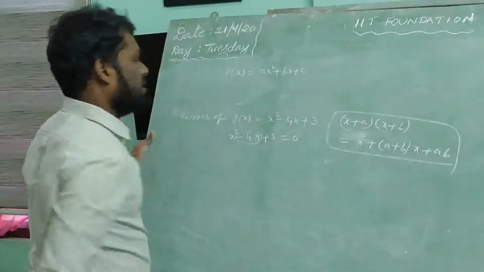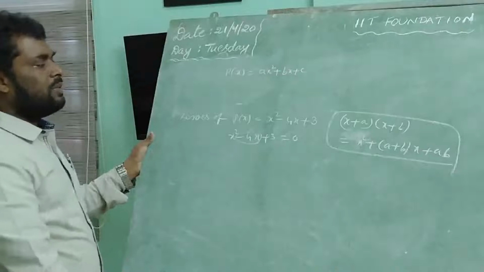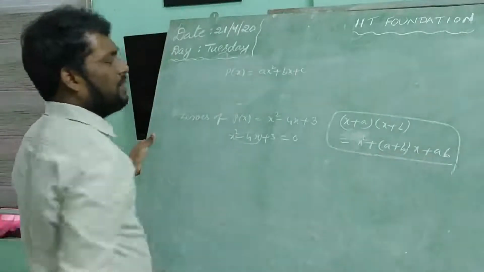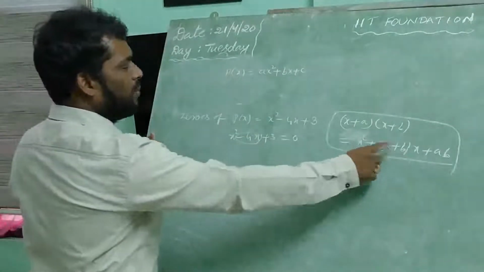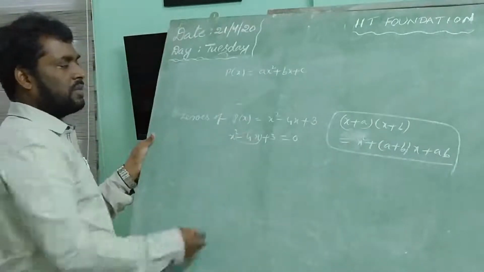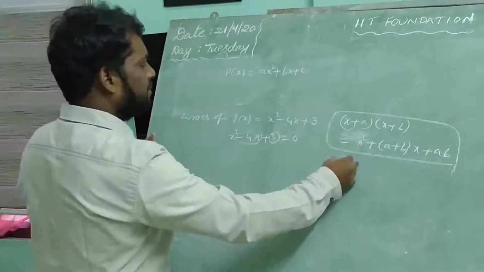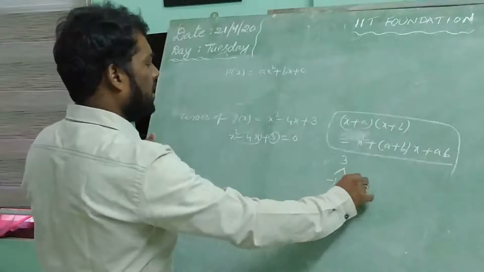According to this concept, we can split it. That means a into b must be equal to the constant and a plus b should be equal to the middle term. So this 3 can be written as minus 1 into minus 3.